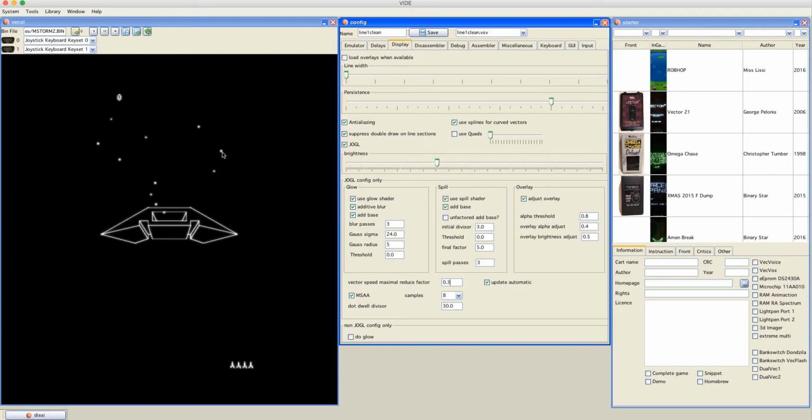And actually, internally, Vide collects cycle information. If a vector beam is not moving and switched on, per cycle, I think a value of 4. Don't ask me why I chose 4. It is that now.